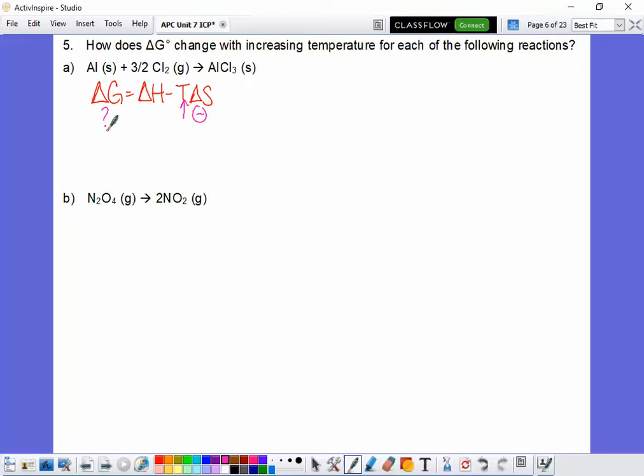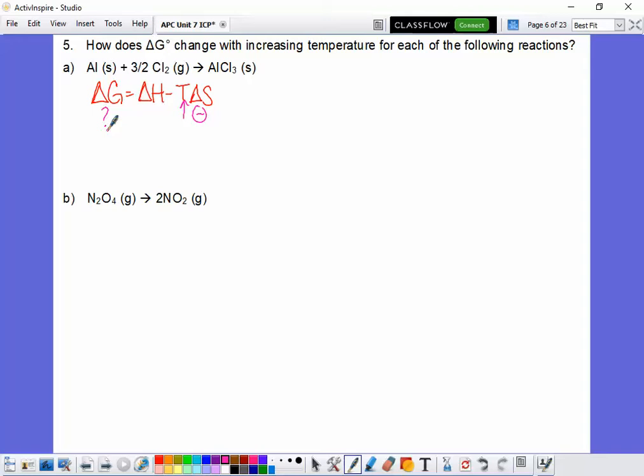Now let's talk about delta H. We did talk about this back in Unit 3, but let's review it. You should know from first year chem, what type of reaction is that? That is a synthesis reaction. Synthesis reactions are typically, almost always, exothermic, because when you bring them together, it releases energy.